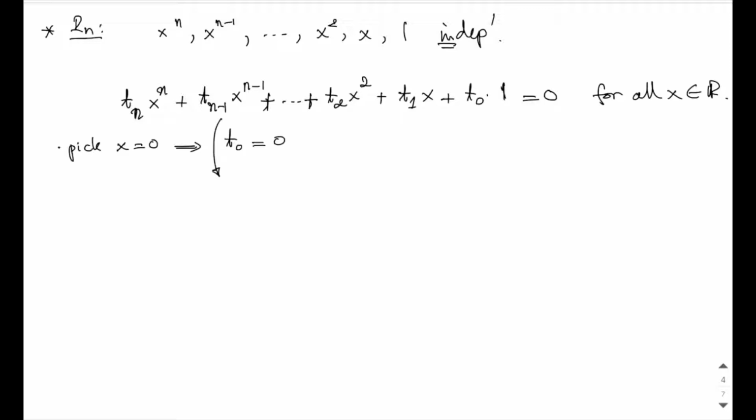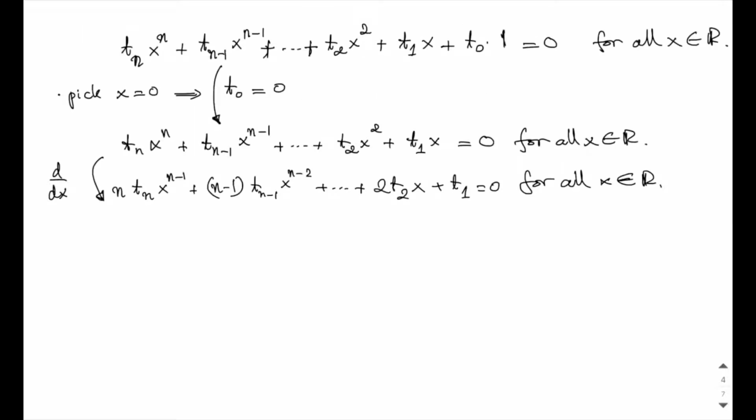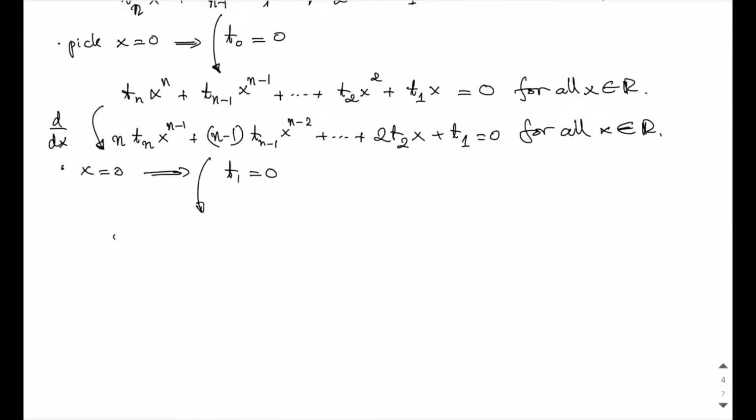Now you rewrite the dependency equation. But you wouldn't need the t0 anymore because you know it has to be 0. So you can reduce your equation, and that will look simpler. Next, I am going to take the derivative. Now you can plug in x being 0, and that immediately gives you that t1 is 0. So your dependency equation will look simpler.